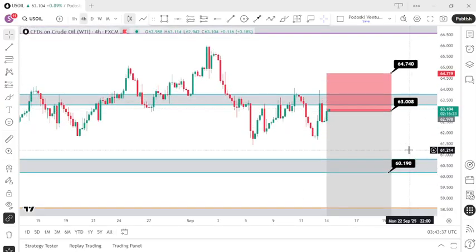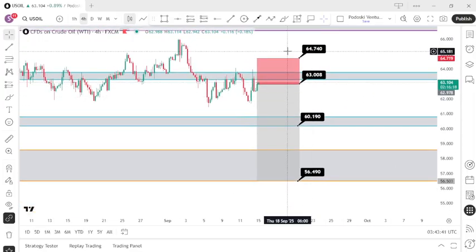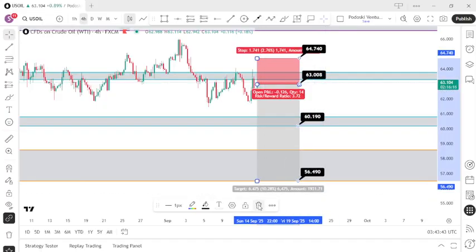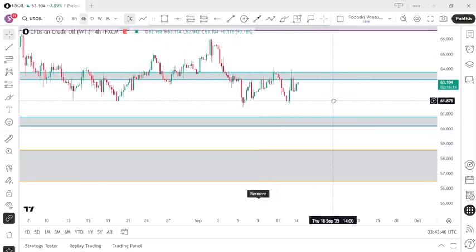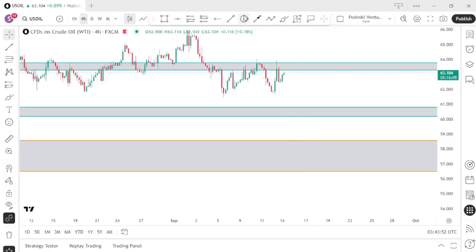Okay, so here we are on the 4 hour. Let me first delete this. On the 4 hour time frame, we have our first touch right here, second touch, and then our third touch.